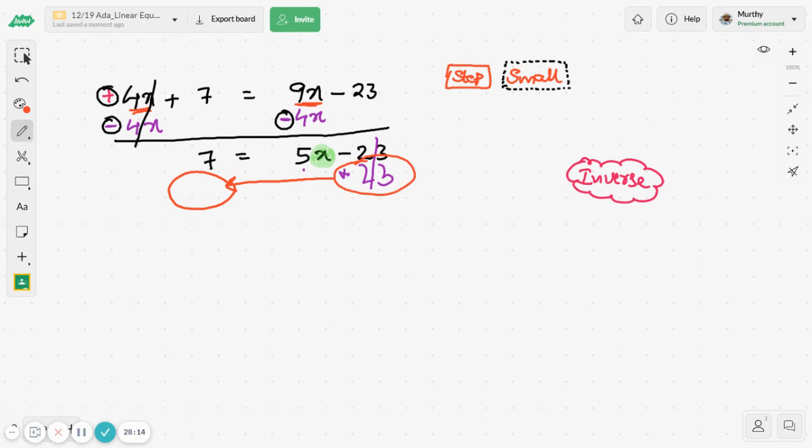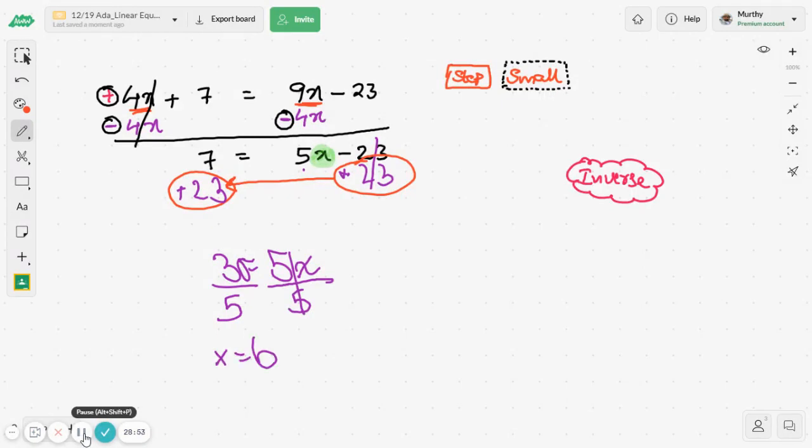Otherwise, there are high chances of making a mistake. 5x. So 5, strike this, 5. So x equals 6. Awesome.